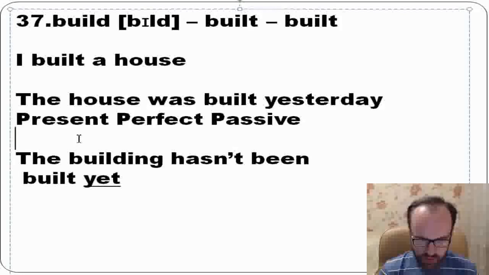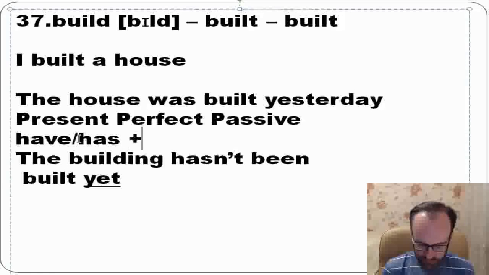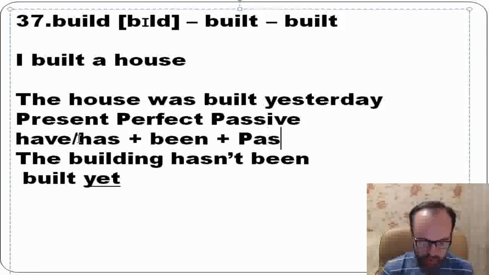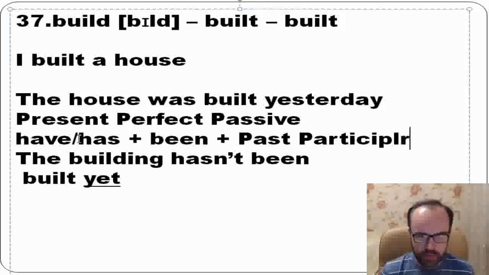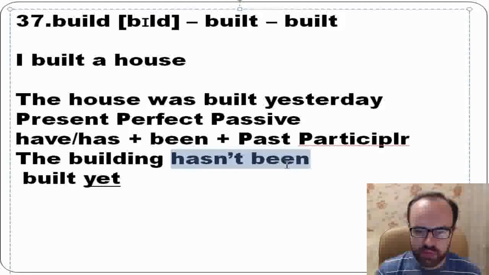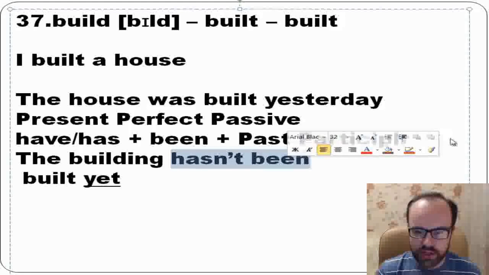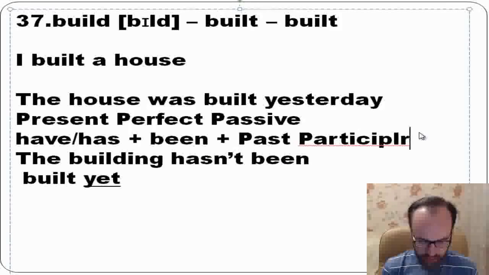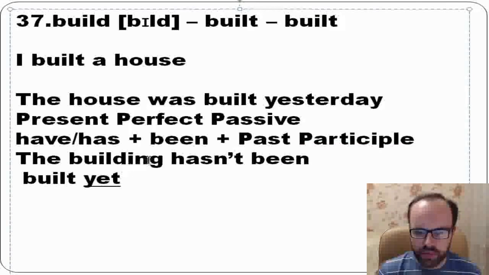I think you know how we form this tense: have, has plus been, plus past participle, or the third form. It can be haven't or hasn't if we have a negative form. So the building hasn't been built yet.